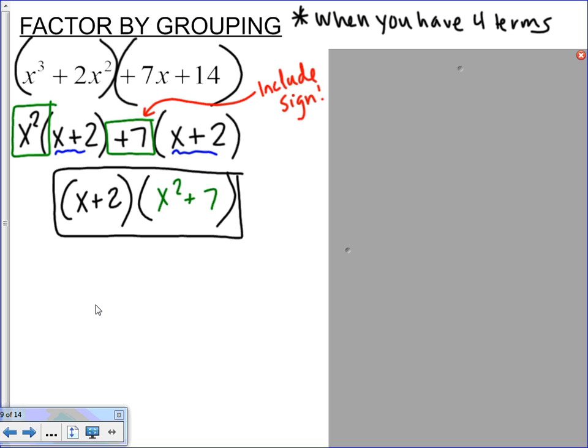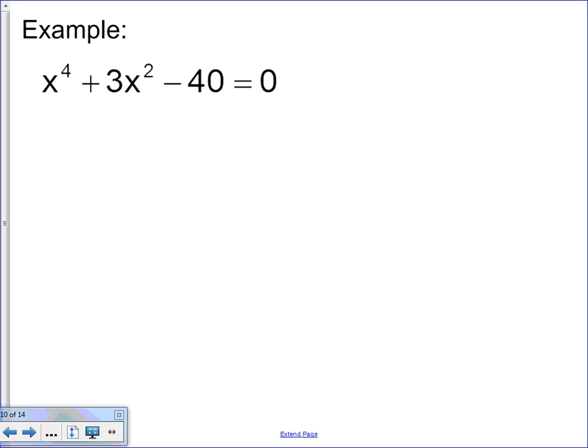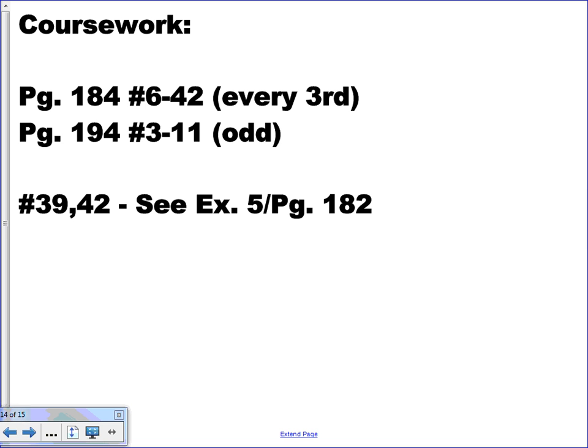Like what we did was x squared plus 5x plus 6. And then you go x squared plus 3x plus 2x plus 6, and you just do the exact same thing. Group it and then whatever. You write that down, Trevor, I'd like to see.